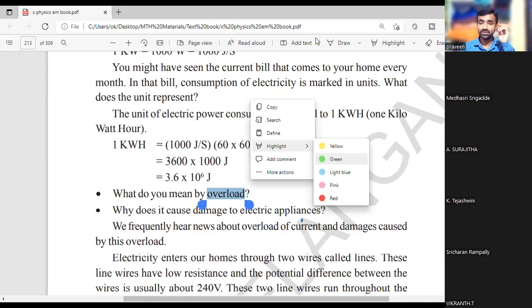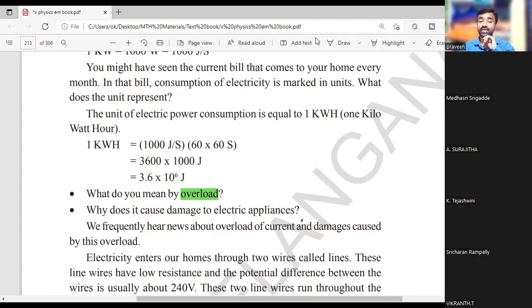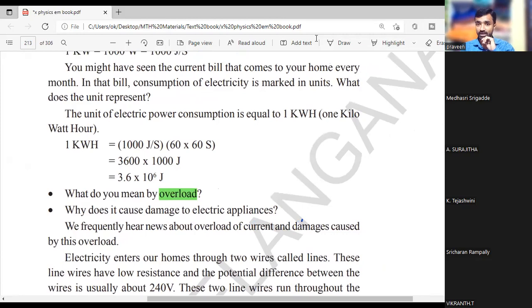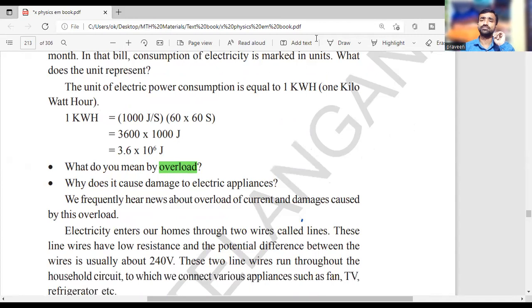So what is the meaning of this overload actually? Is there any damage created by this? Does it cause damage to any electric appliance, or is there no effect? That you need to understand. So here, overload is what? Taking more burden than its limit, beyond the limit.